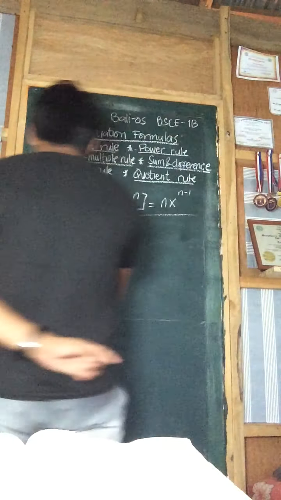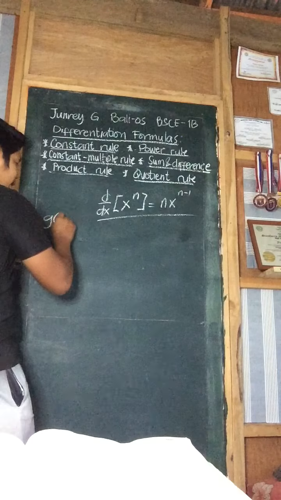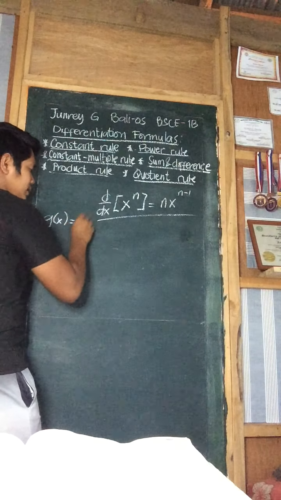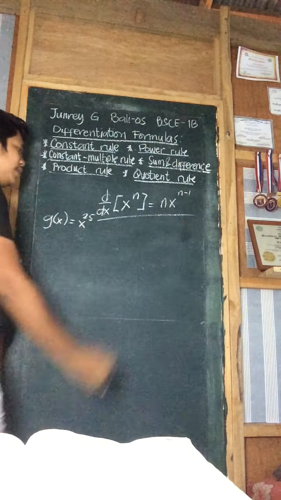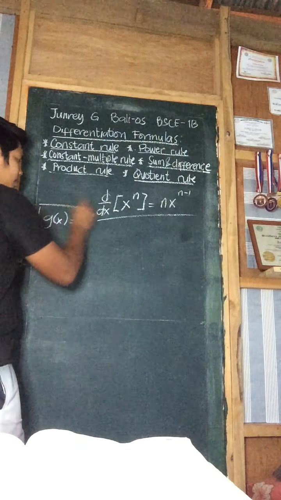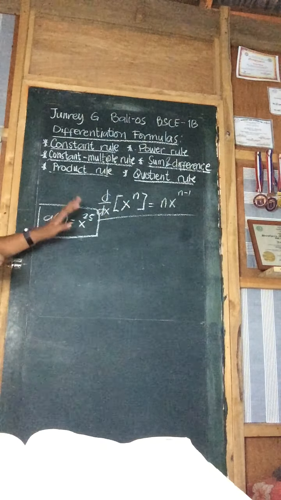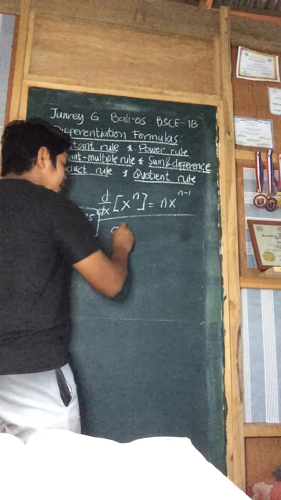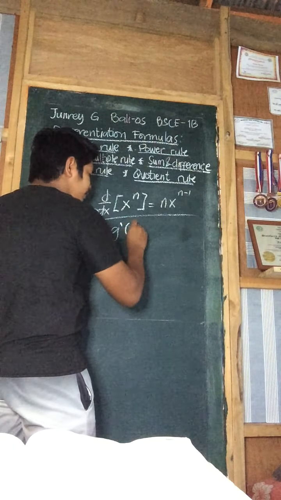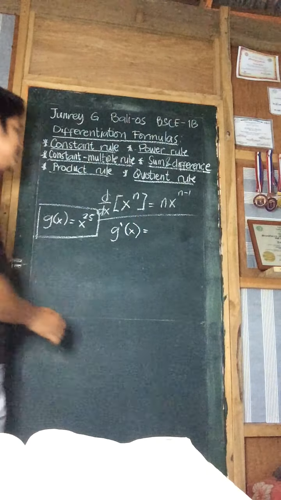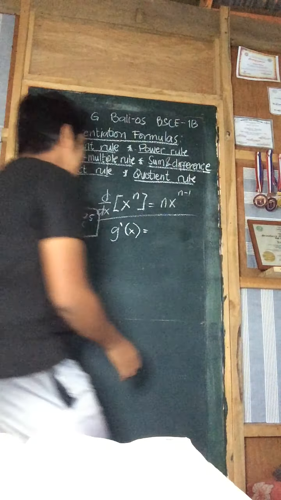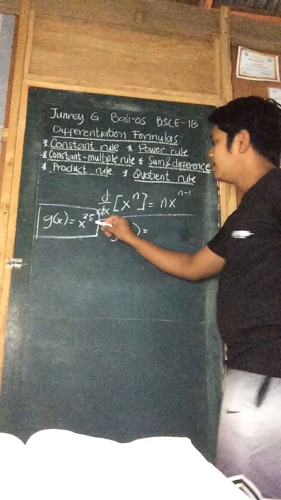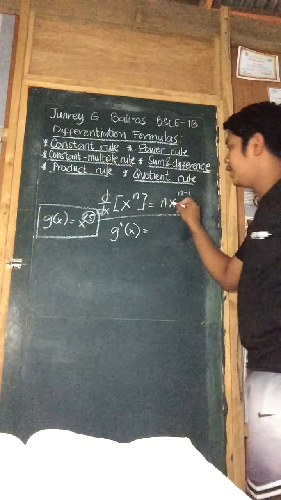So let me give an example. For example, g of x is equal to x raised to 25. We will find the derivative of this function. So simply, the derivative of this function, or the g prime of x, the value of letter n here is 25.